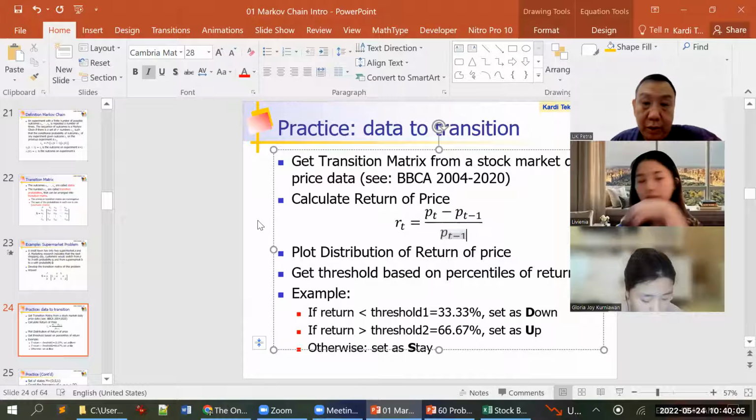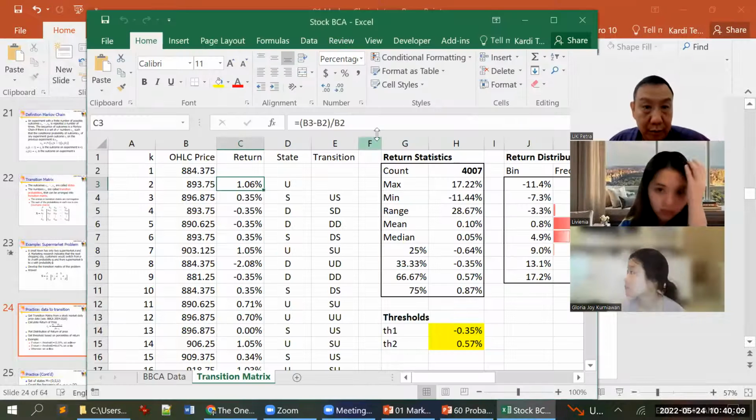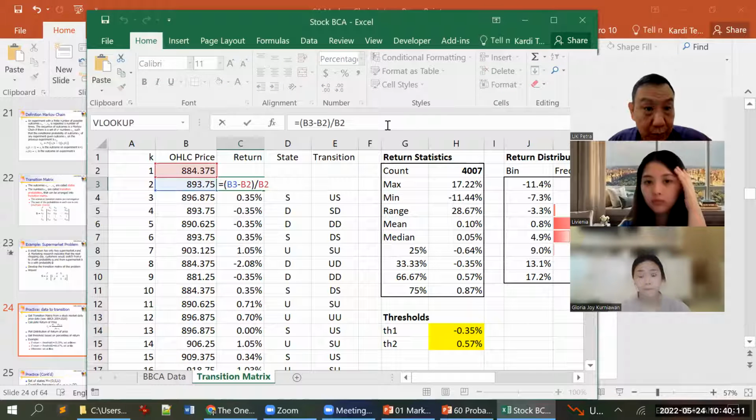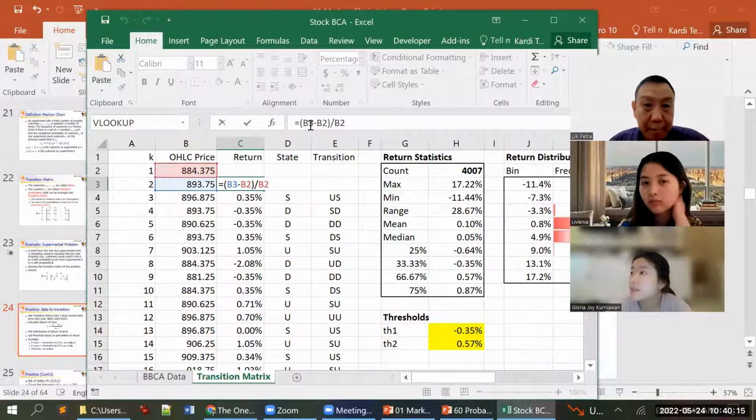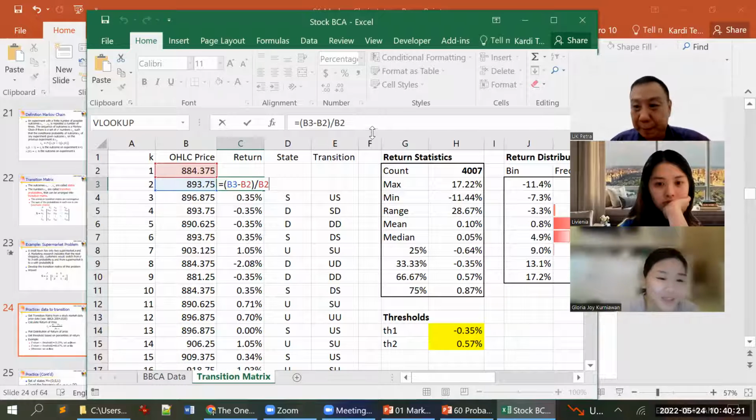It should be yesterday, not today. So this is supposed to be divided by yesterday. That's correct: today minus yesterday, divided by yesterday.